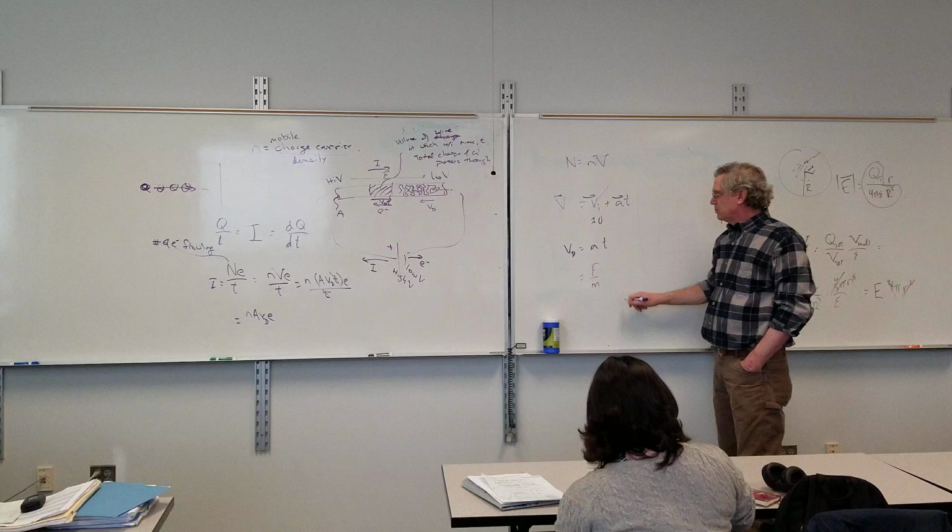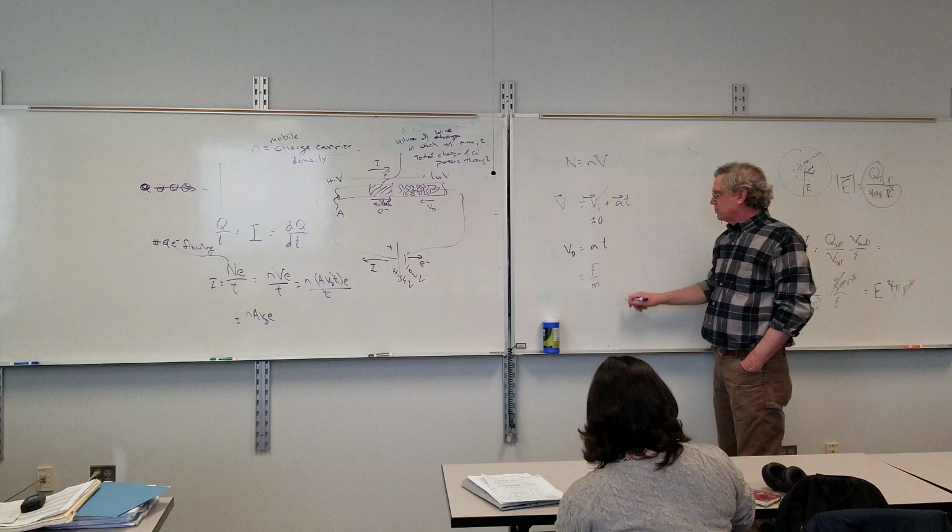So, number of electrons flowing. Actually, since current is charge over time, this actually should be just the charge of an electron. Now, yes, I've dropped the negative sign. I'm not worried about that.